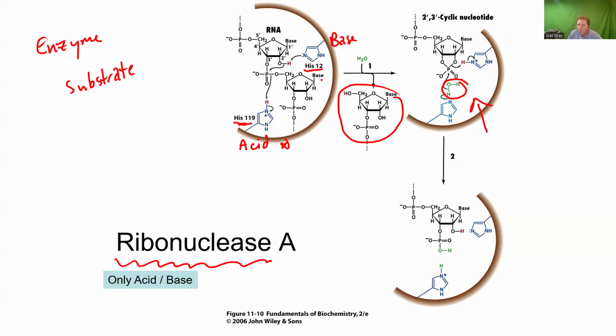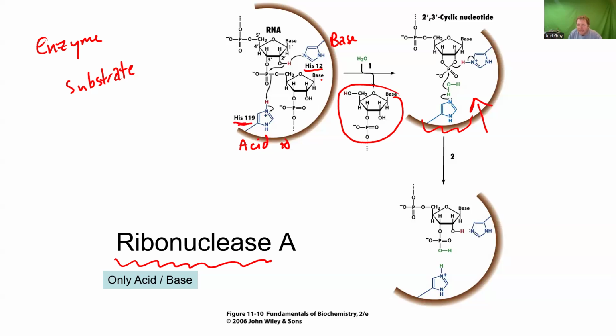Now, water right here is going to do a pair of things. I've circled my water, and now I'm going to circle one of our hydrogens. This histidine right here, the one at the bottom that was previously an acid, lost its proton, so now it's acting as a base. It's picking up a proton from water, meaning water is acting as an acid because it's donating that proton.